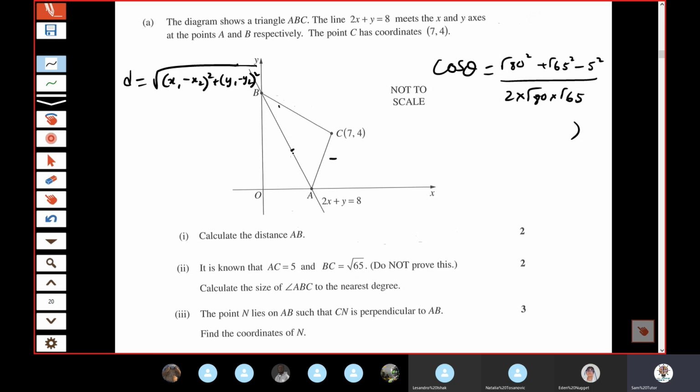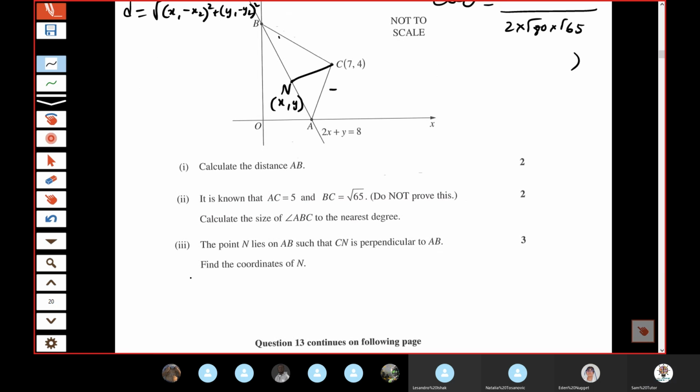There's N. It says CN must be perpendicular to AB. Well, straight away, I don't know the coordinates of N, because it's unknown, it's x and y. I'm meant to find that out. I know the gradient of AB: y equals negative 2x plus 8, so the gradient of AB is negative 2.